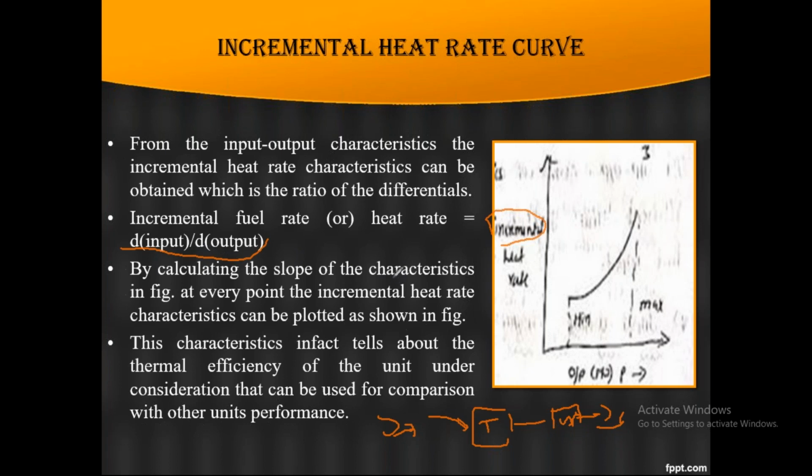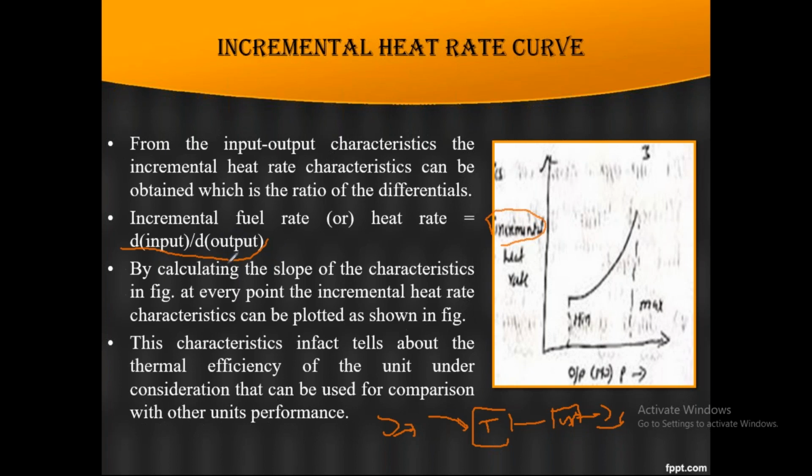I already said that to find the maximum value of any parameter, we should differentiate. For example, in a transformer, to get the maximum efficiency, we have to differentiate. Here the input-output relation should be a quadratic equation, which I already showed in the last class.